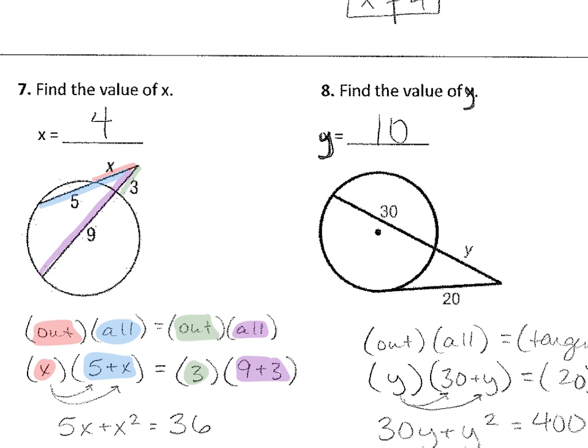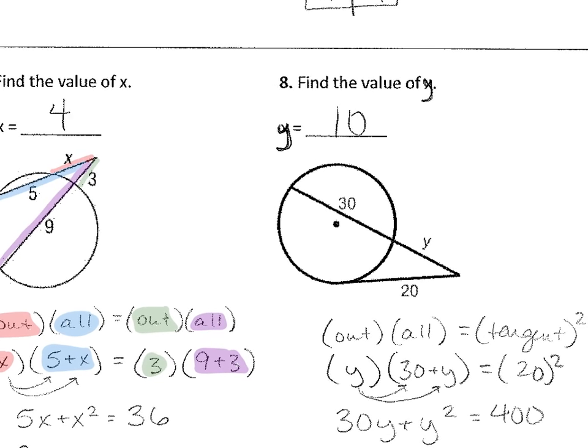For number 8, let's make a decision. Which formulas should I use? Inside, outside, or outside with a tangent? This one is outside with a tangent. Notice how this bottom part that says 20 only has one number or letter on it, and it touches the circle only once.